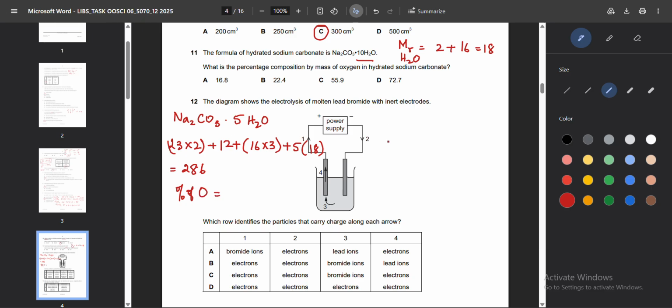Let's see how many oxygen atoms are there. Over here we have 3 oxygen atoms in carbonate, and then how many oxygen atoms are there? Sorry, it's not 5, it is 10.